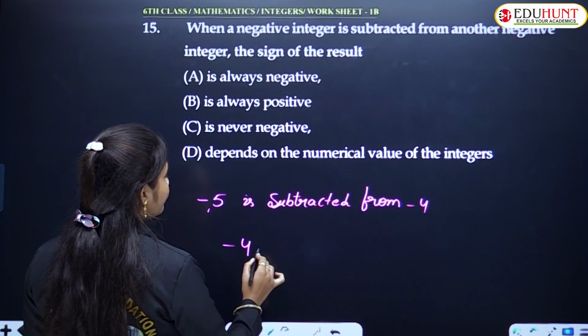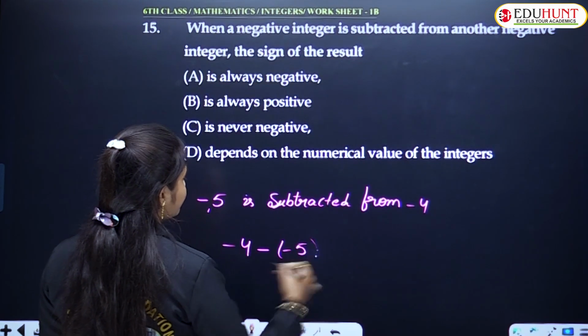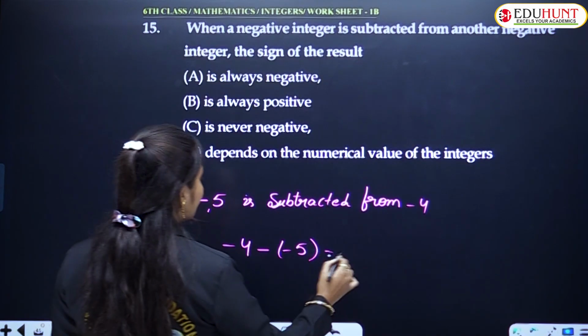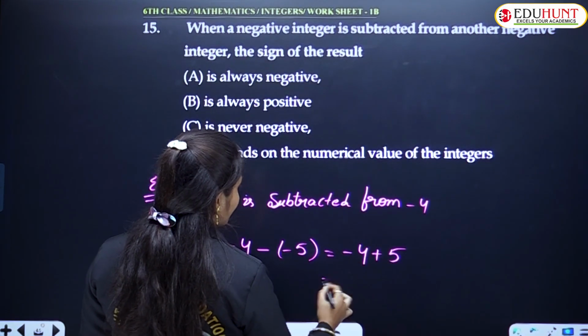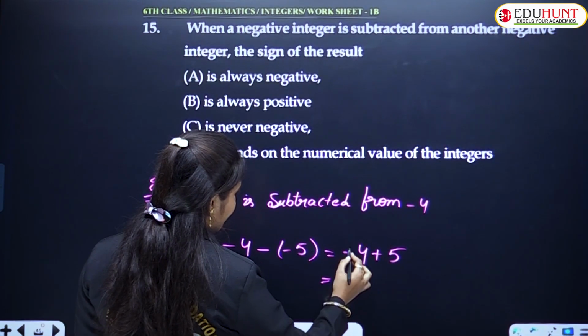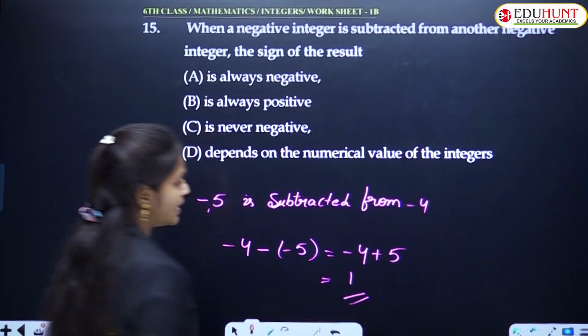So, minus 4 minus minus 5. Then minus into minus is plus 5, so you will get plus 5 minus 4. So the answer is plus 1 here.